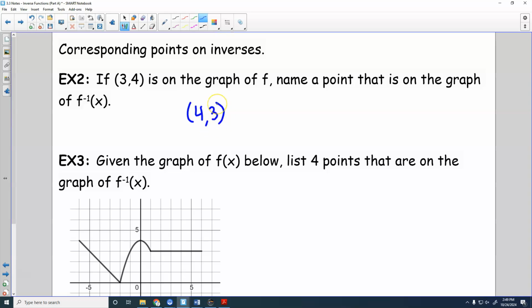I want us to think about this with a little bit different notation. (3, 4) is on the graph of f. That means f of 3 equals 4, right? That's what this means. So to name a point on the graph of f inverse, we would say f inverse of 4 equals 3.